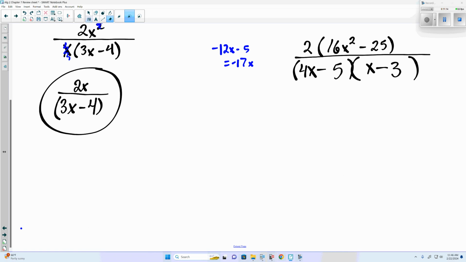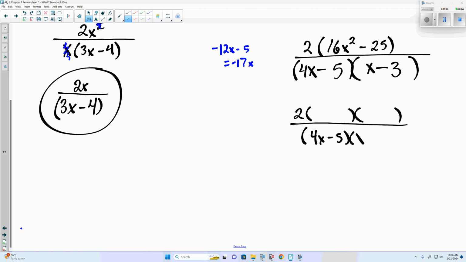Now the numerator, 16x squared and 25. Well, 16 is a perfect square, yes? It's 4 and 4. 25 is a perfect square, which is 5 and 5.